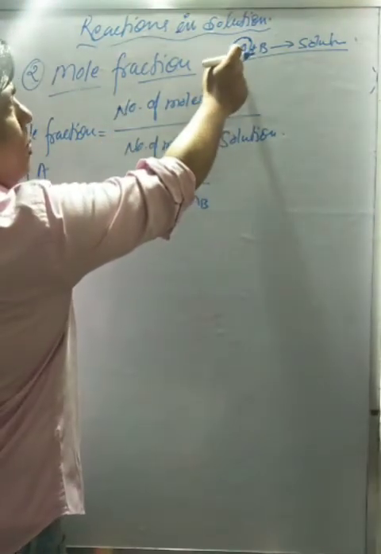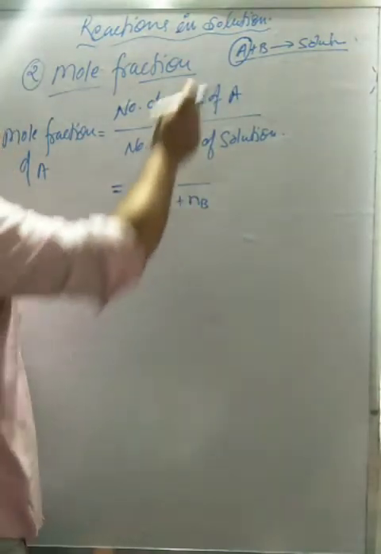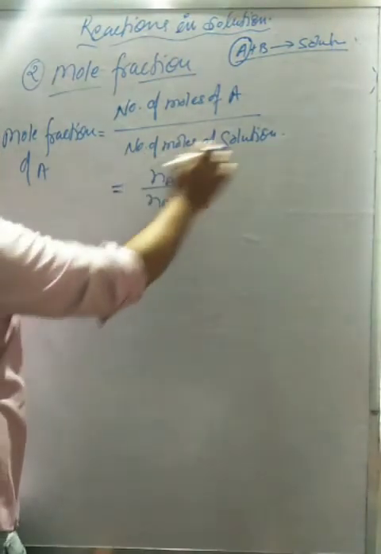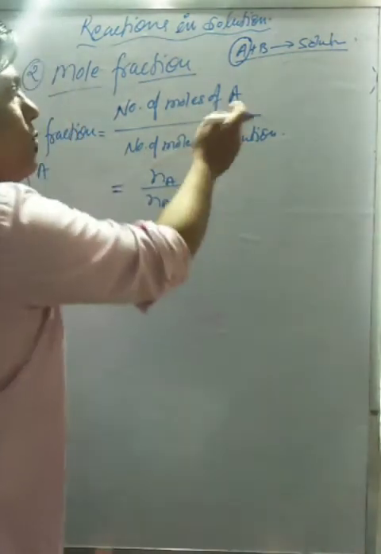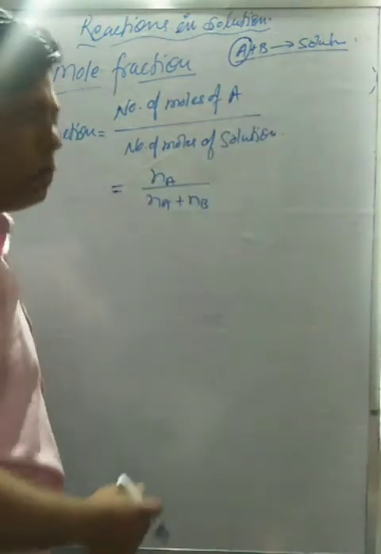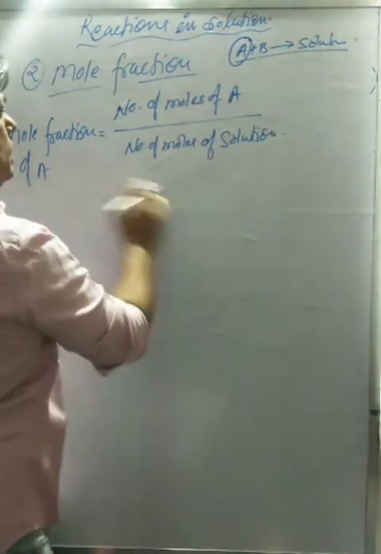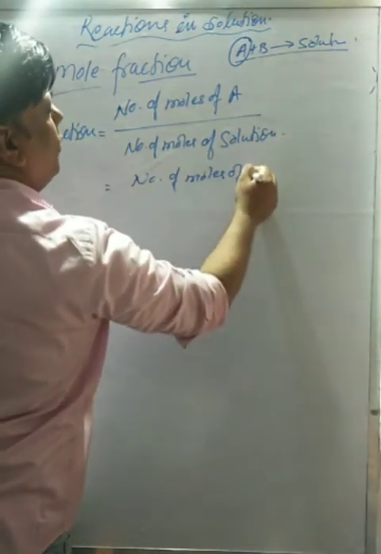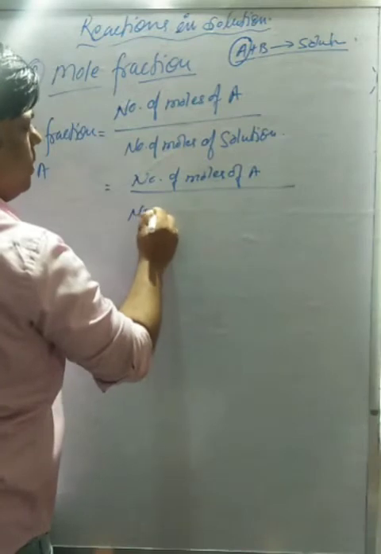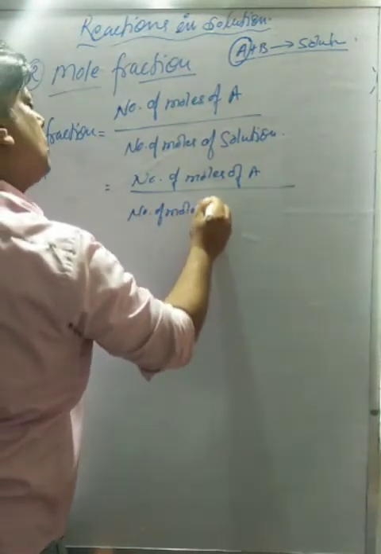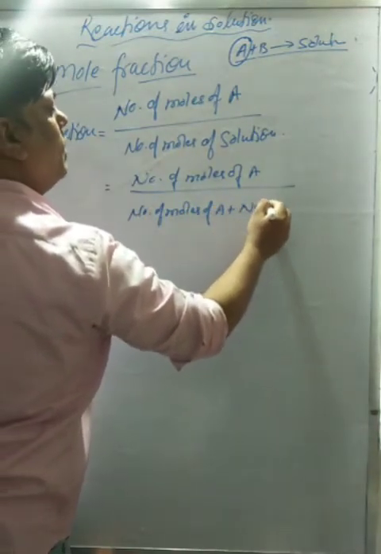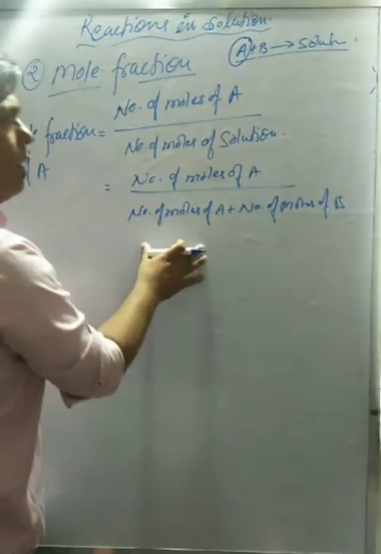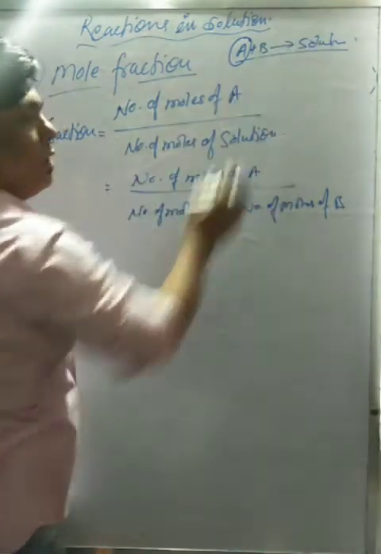Mole fraction of A is the ratio of the number of moles of A, how many moles are there in solute, divided by how many moles are there in solution. Or instead of solution, we can write the number of moles of solute plus the number of moles of solvent also. You can write the number of moles of A divided by the number of moles of A plus the number of moles of B. A and B give solution.